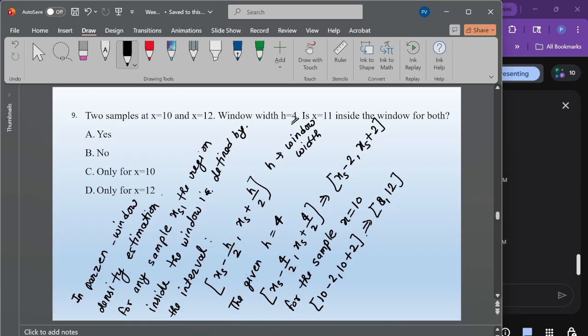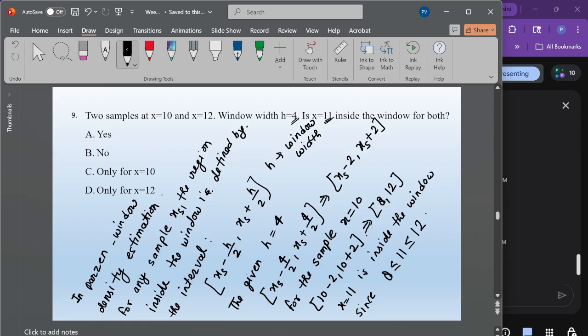So the new point x is equal to 11 is inside the window, since the lower bound is 8 and the upper bound is 12, and 11 is within this range.